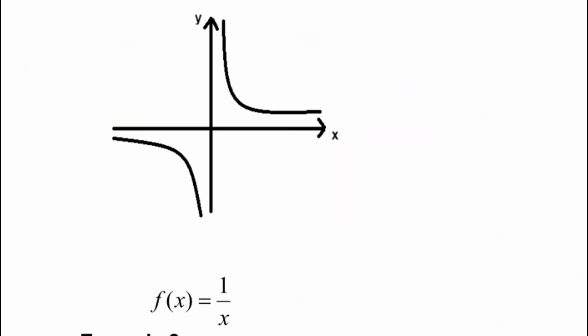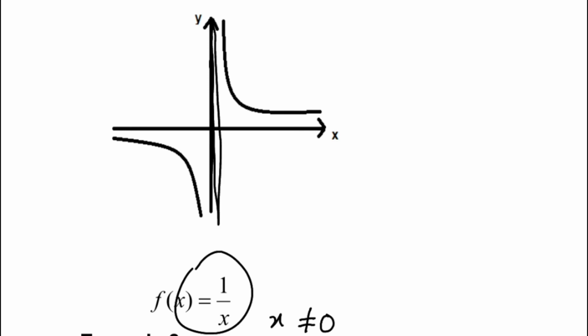For a reciprocal function, since x cannot be 0, the graph will not cross x equals 0. Since it's positive, the shape will be like this. And for the value of y, it will not intercept y equals 0.